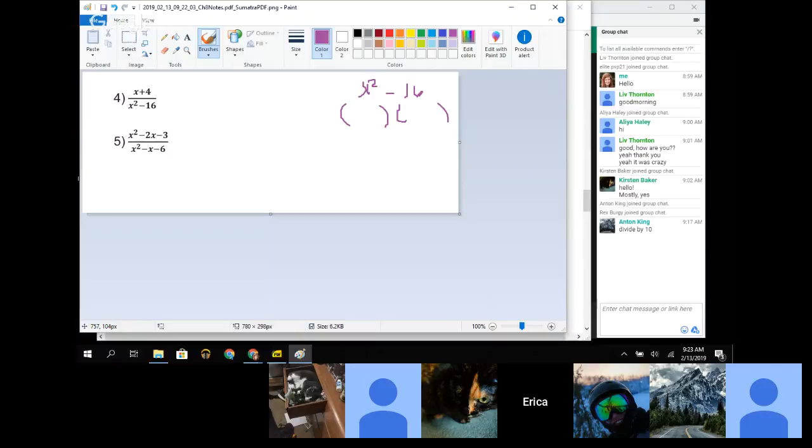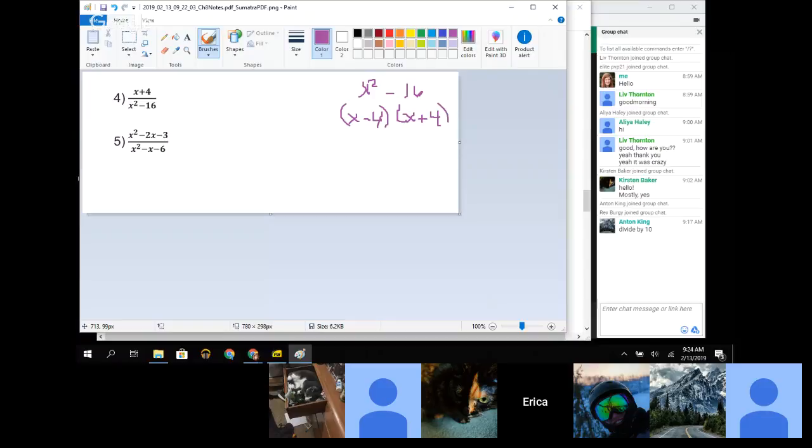We could make this x times x, and then I have 16, which I could do 4 and 4, and I need it to be negative, so if I make one negative and one positive, I can factor x squared minus 16. Then if you FOIL it back together, you get x squared minus 4x plus 4x, so they cancel each other out, minus 16. So that all kind of works, right?